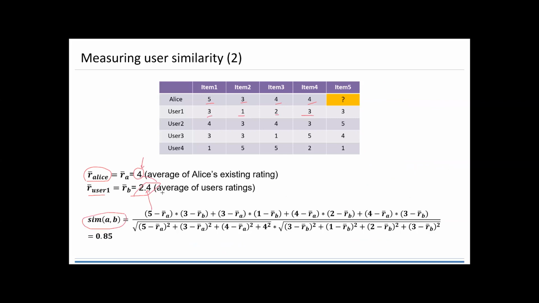We put the r_A here and the r_B here. Every value here, 5, is the rating from item 1 minus the average, and then 3 is the rating of item 1 from user 1 minus the average of user 1, and so on. When you put this into the formula, you will get the similarity of 0.85.